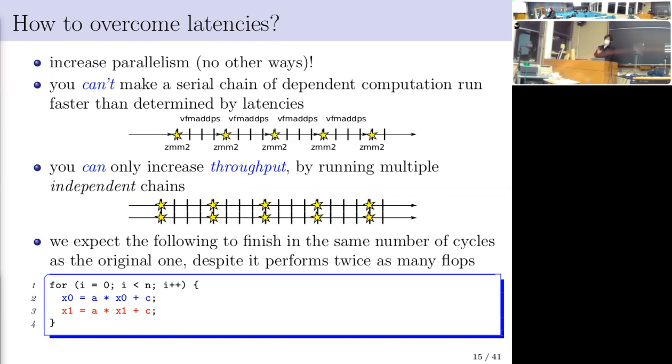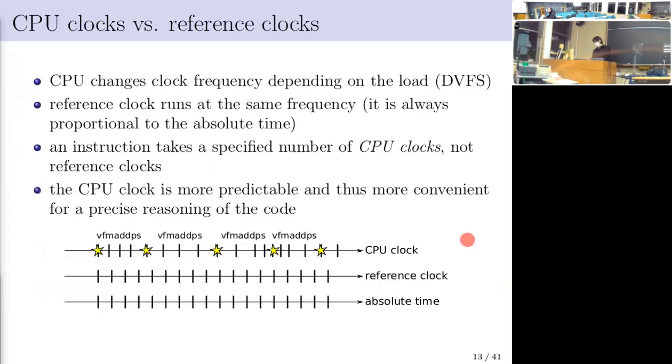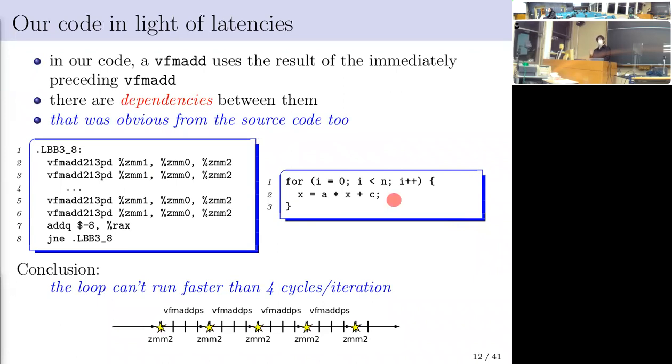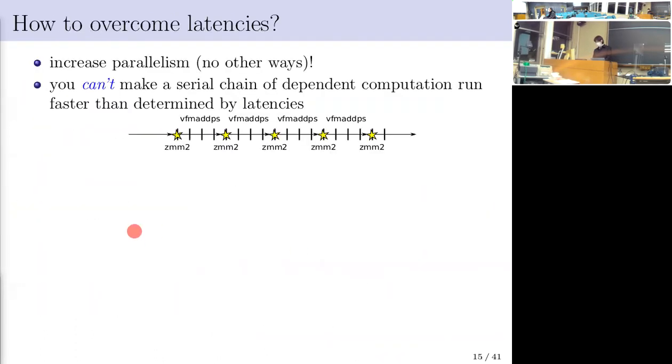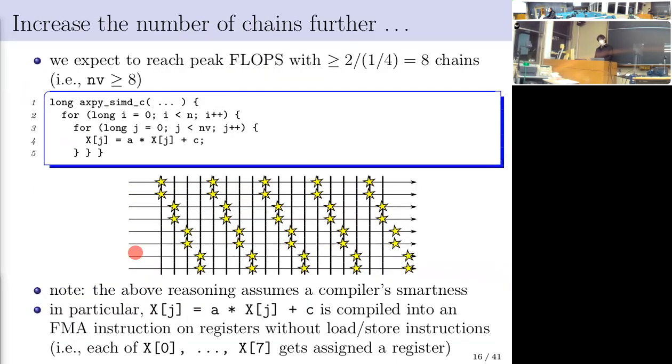And it in fact happens. If you run this loop instead of this one, what happens is that it takes exactly the same amount of time, even though the amount of work you are doing doubles. So in this way, you can increase the number of variables you update further.